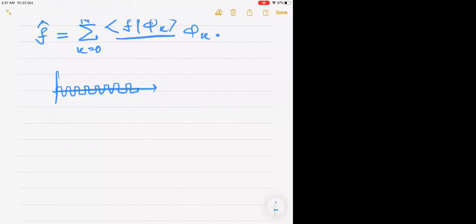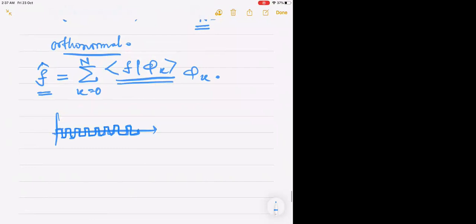Now notice the following. When I'm doing this approximation, these coefficients tell me how much weightage each of these functions has. So for a very high k, this weightage is also high.